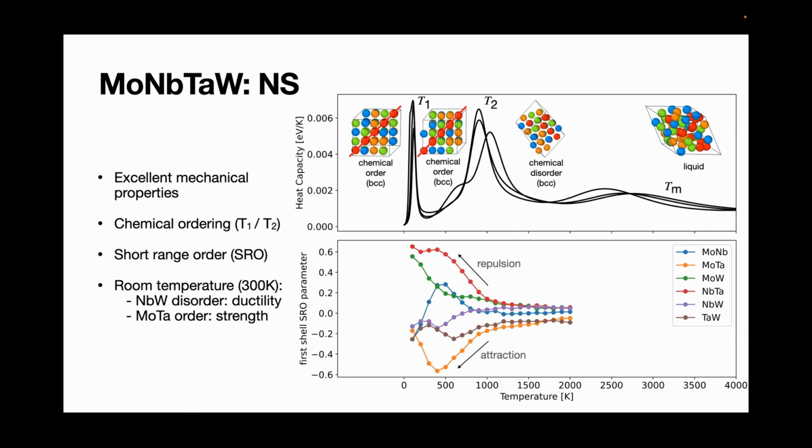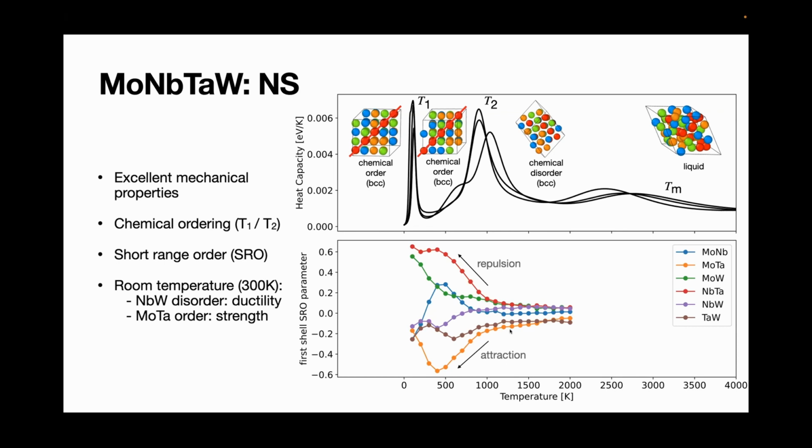Another result here is molybdenum, niobium, tantalum, tungsten, which is also quite interesting because it has excellent mechanical properties at room temperature because of two disordered transitions happening at around 900 K and much below room temperature. What's happening is that the niobium and the tungsten disorder, which gives it ductility at 300 K, and the molybdenum and the tantalum are ordered, giving it strength.